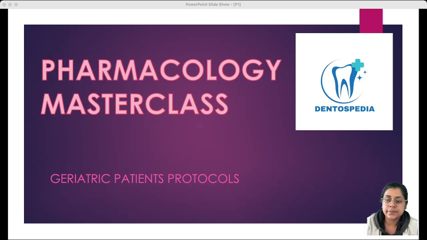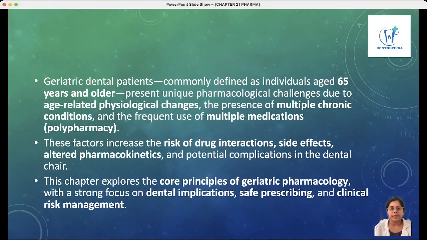So let's start. Geriatric dental patients are commonly defined as individuals aged 65 years and older. So basically, these are the elderly patients whose age is 65 or more than 65 years. They present unique pharmacological challenges due to age-related physiological changes, the presence of multiple chronic conditions, and the frequent use of multiple medications, that is polypharmacy.